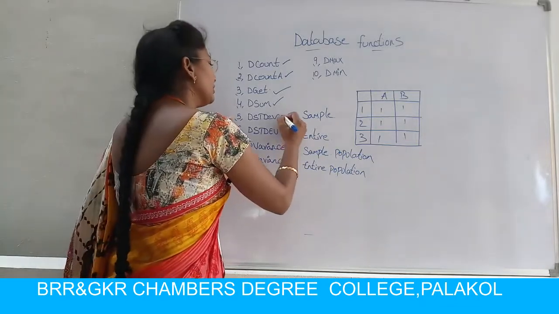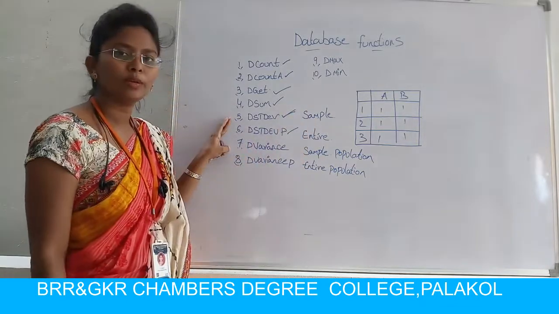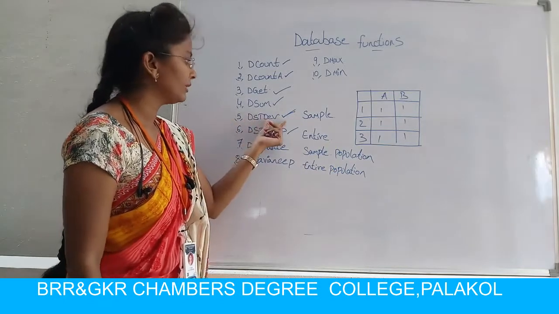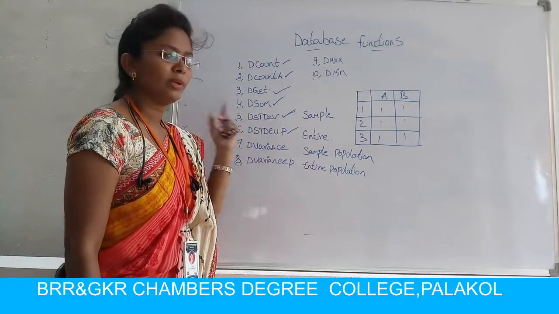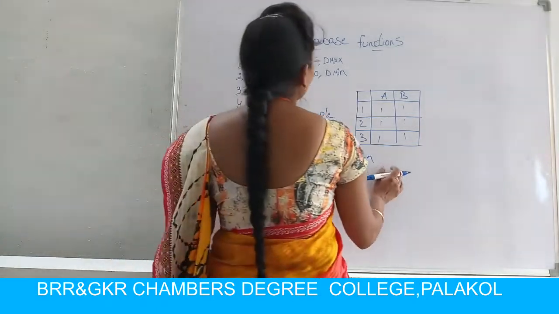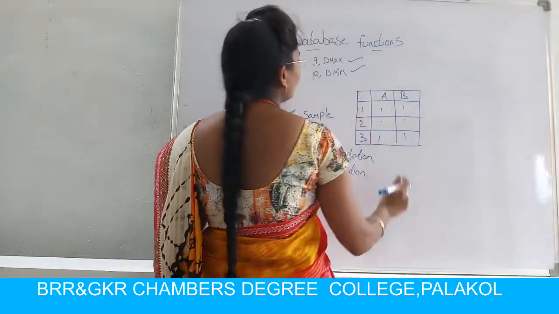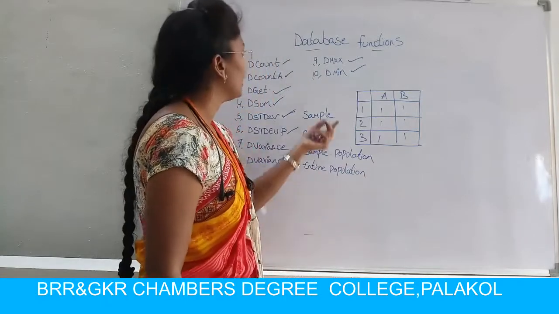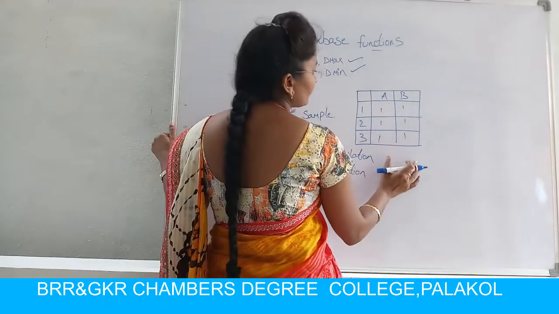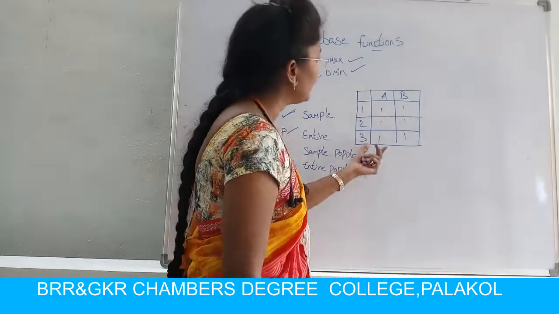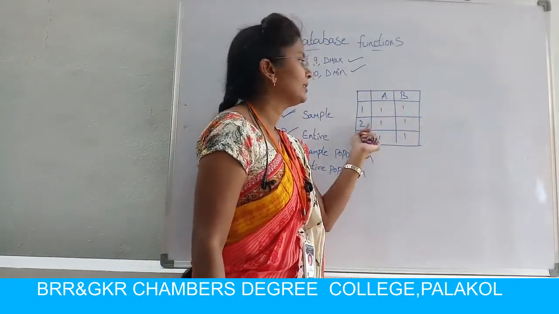According to the standard deviation, the result will appear in that Excel sheet, and according to the variance, its own result will be shown. And then the maximum and the minimum. Database maximum: here I entered some data in the Excel sheet, but the data is the same.